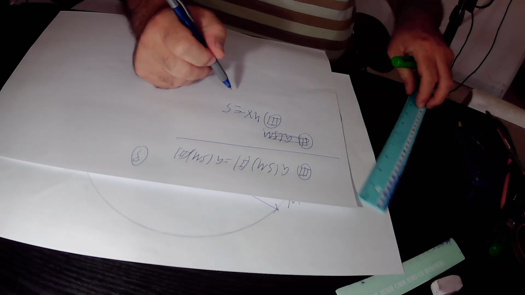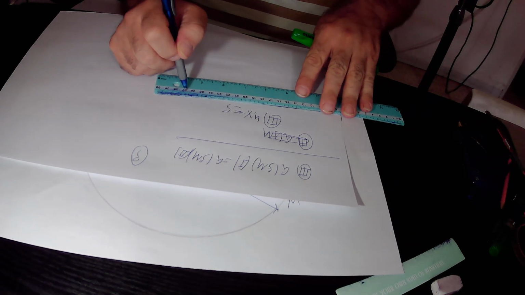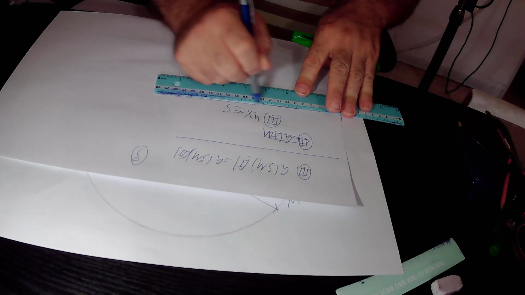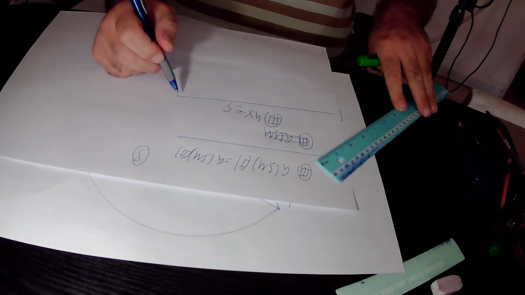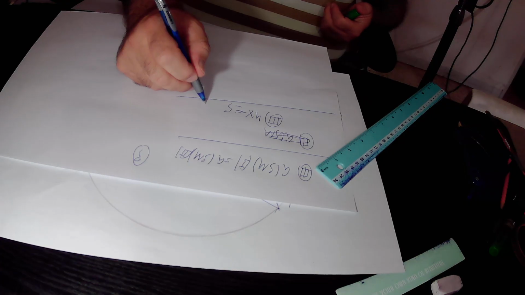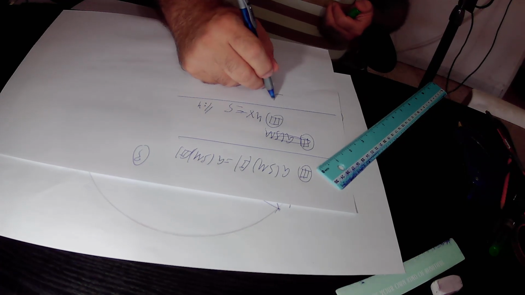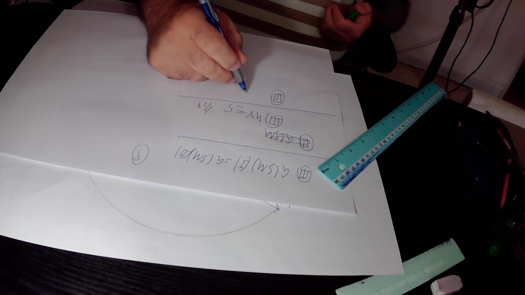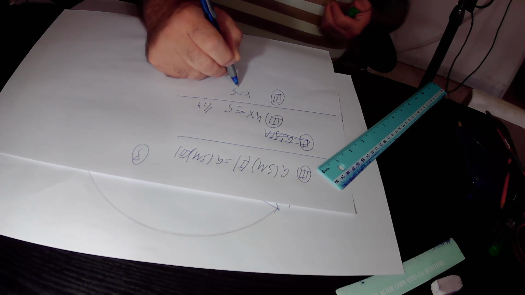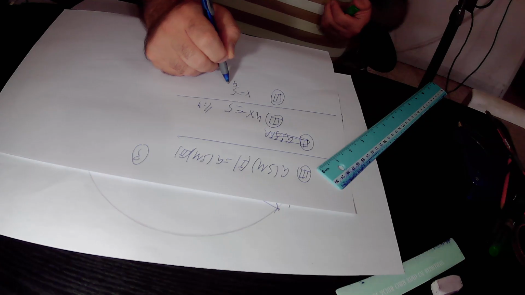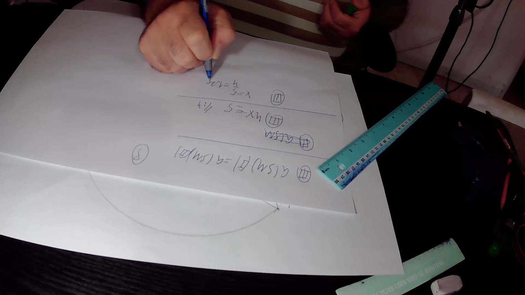So in total, according to equation 3, 4x equals 5. Here we divide this equation by 4, and finally get that x equals 5 quarters. 5 quarters is 1.25.